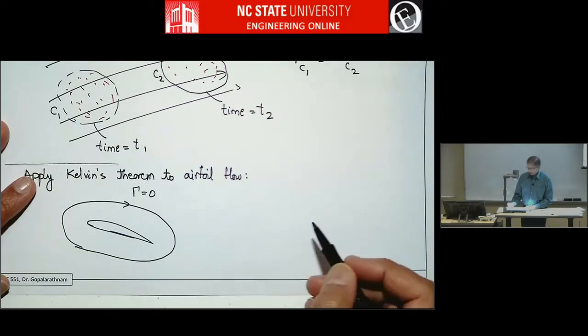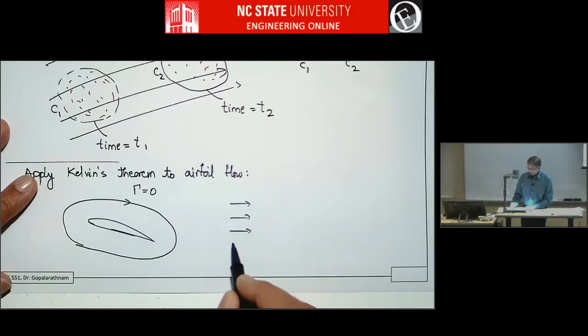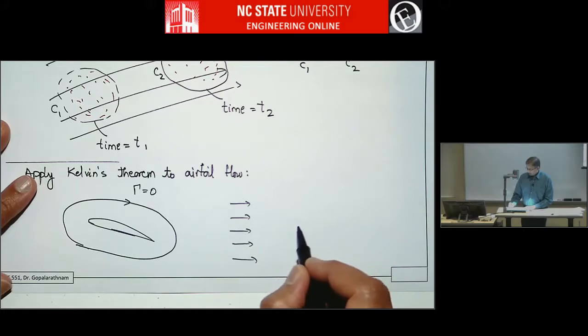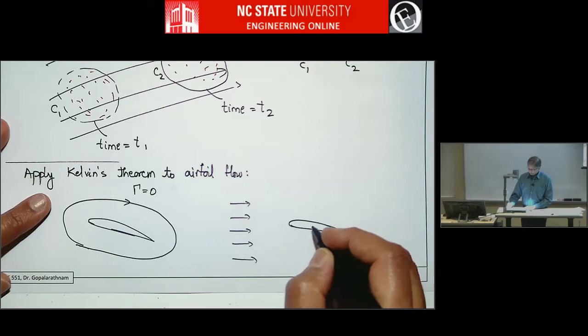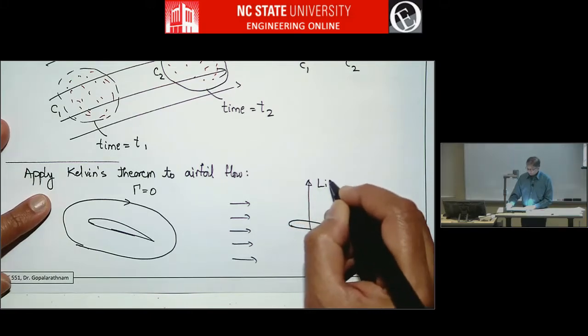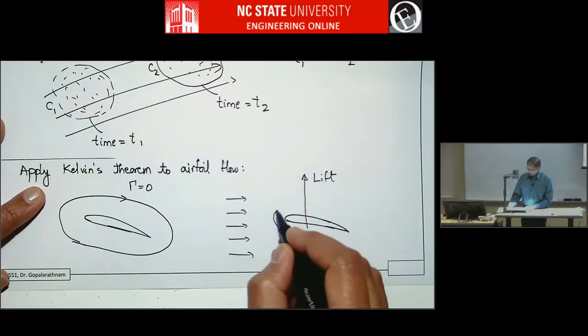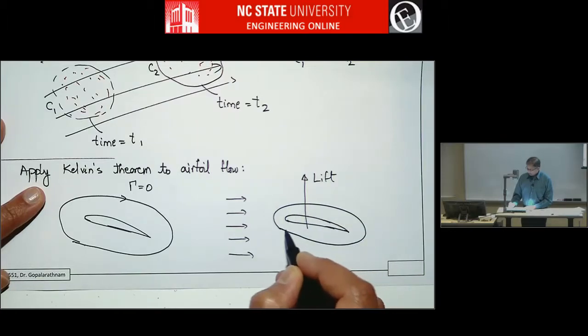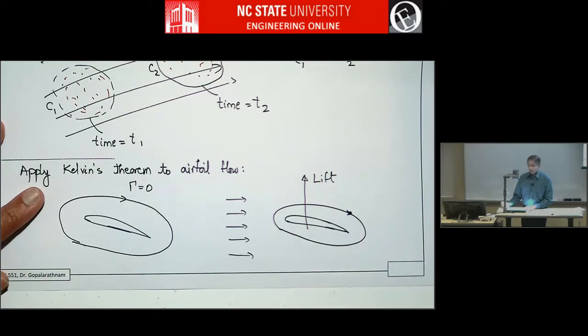Now you turn on the wind tunnel and you get air blowing past this airfoil. Remember, it's at an angle of attack. So when you have air blowing past an airfoil at angle of attack, you're going to create lift. And if you have a lifting airfoil and you take a contour around a lifting airfoil like this and calculate circulation, what will the circulation be?